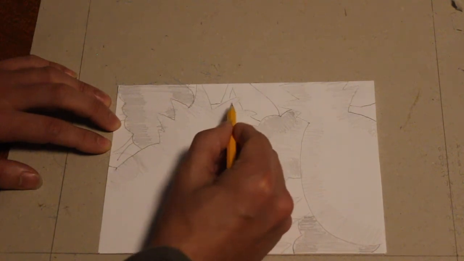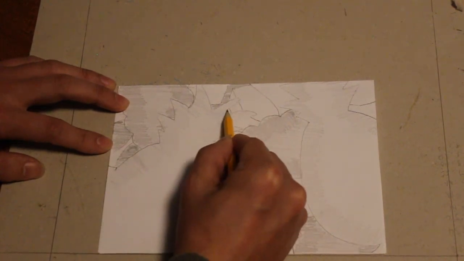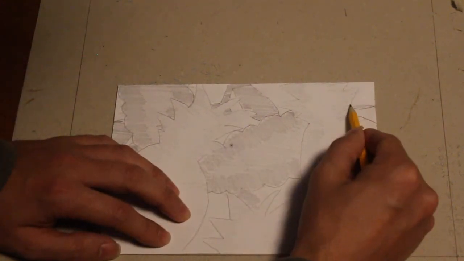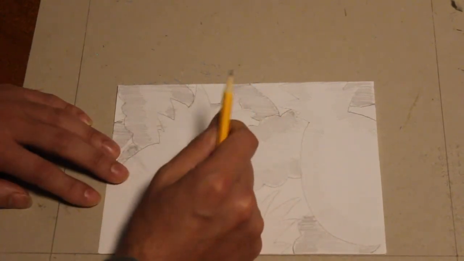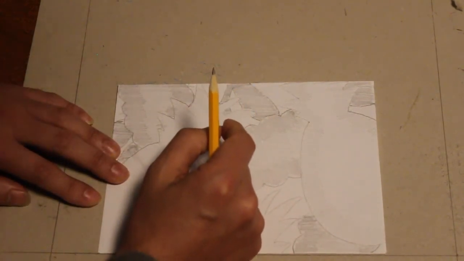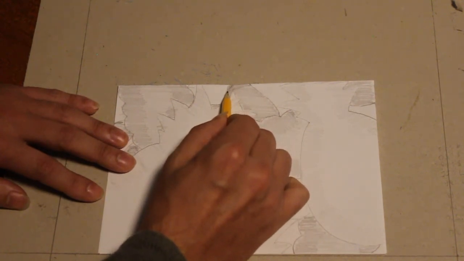Great. For the next step, we're going to go back to our value scale, and for the orange, we're going to select the values 5 and 6. We're going to colour the whole orange value 5 first. Alright, now we're going to use value 6 and again colour the edges of the orange.